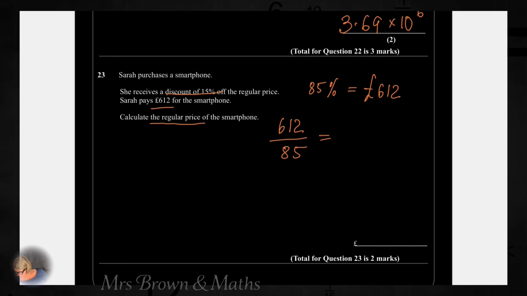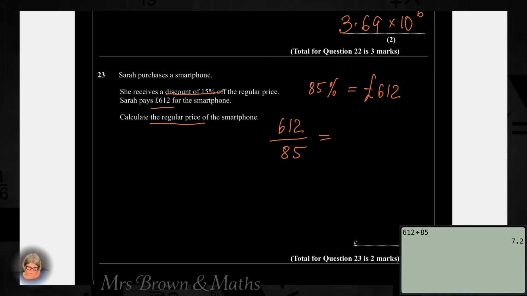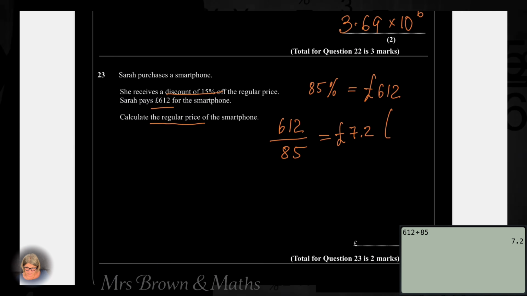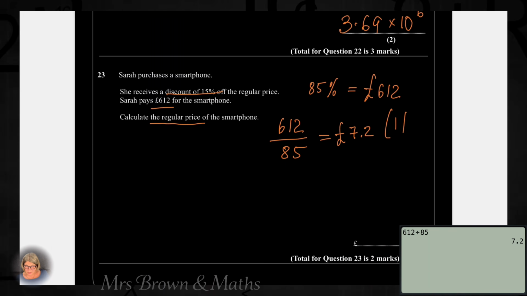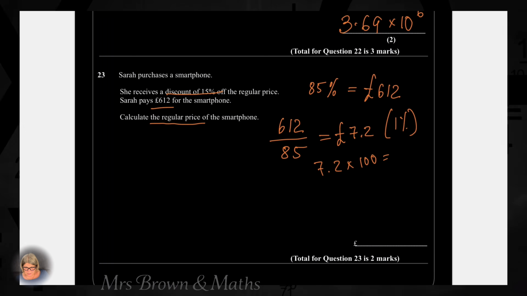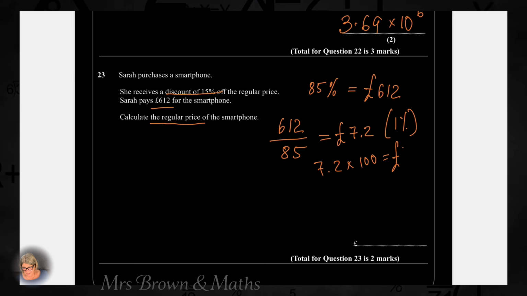Right, 612 divided by 85, it is 1% is 7.2 pounds for 1%. So how to work out 100% times 100? So 7.2 times 100 is 720 pounds.